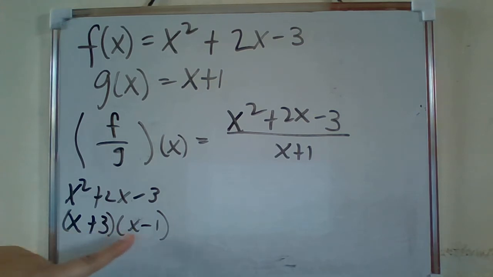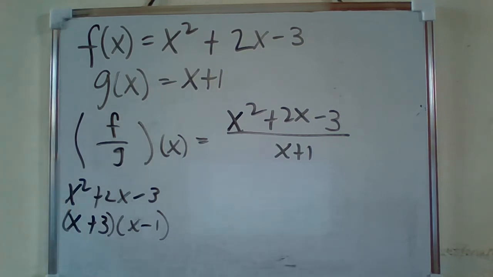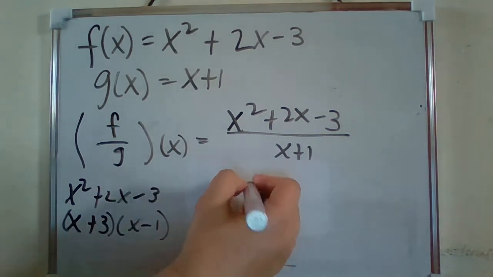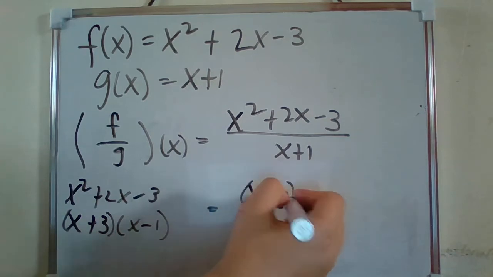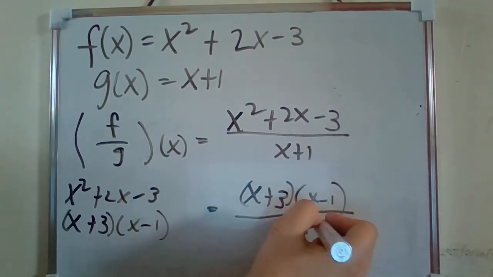So, kapag minultiply natin yung product niya, ito ang makukuha natin. Magiging x plus 3, x minus 1 over x plus 1.